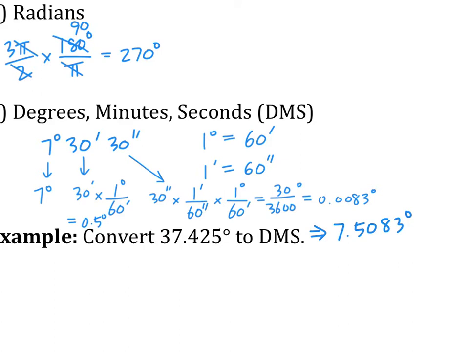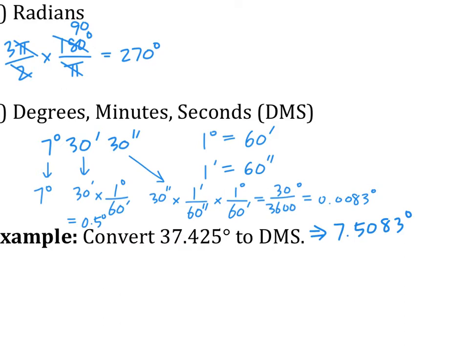So 7 degrees, 30 minutes, 30 seconds actually means 7.5083 degrees. Does that make sense? I converted each part into degrees and then I add it all together. I have blank looks.